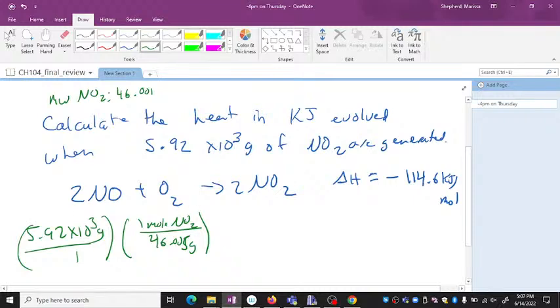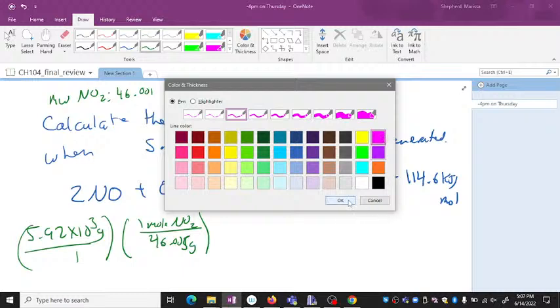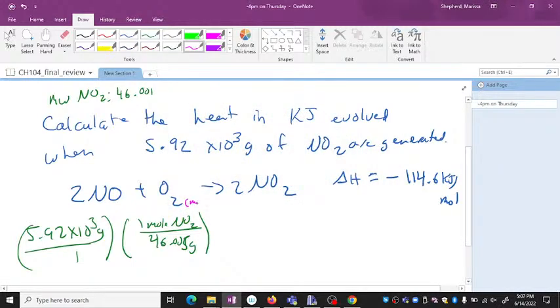And so what do we go from here? So this would give us, I'll just put in parentheses, right? So now we have moles of NO2. That's where we're at.